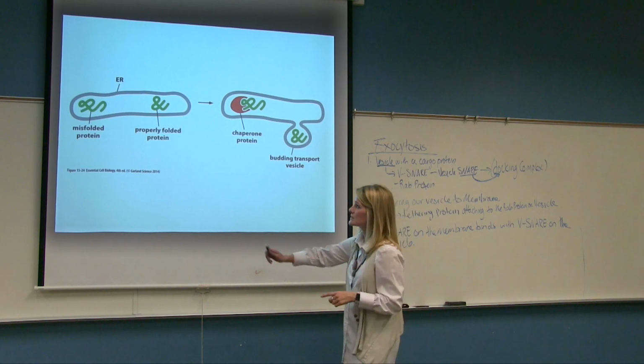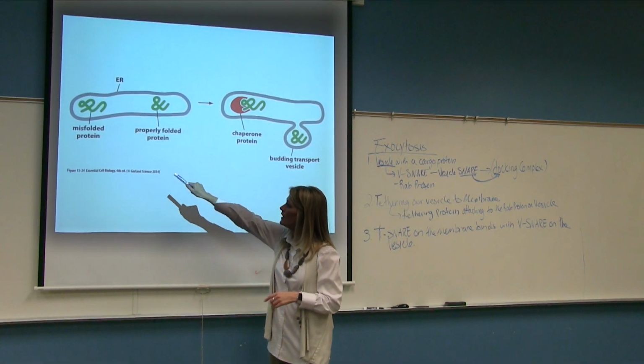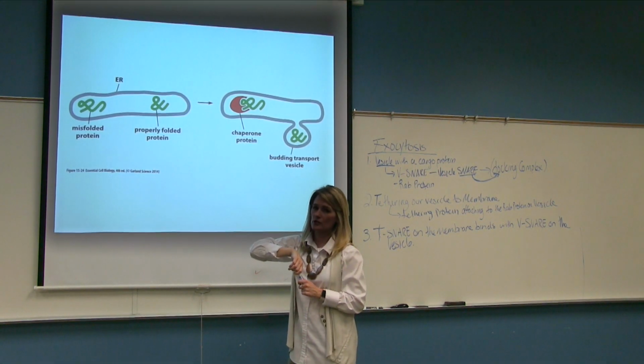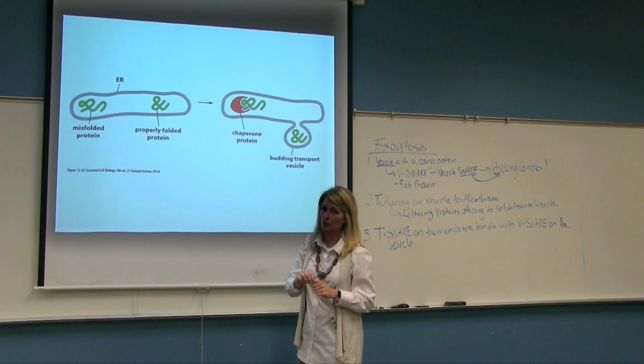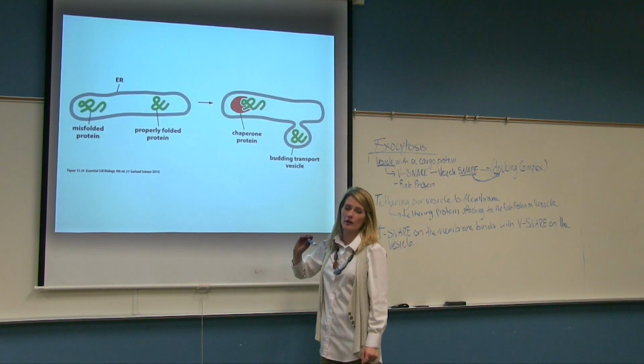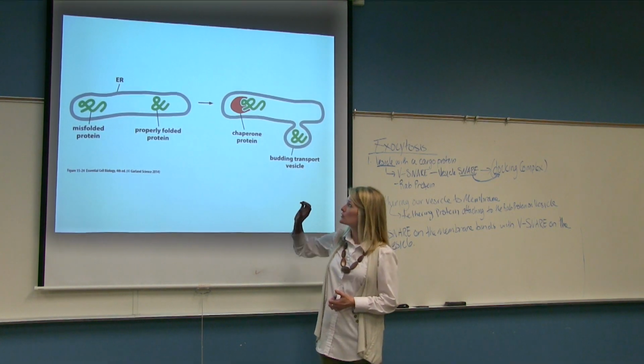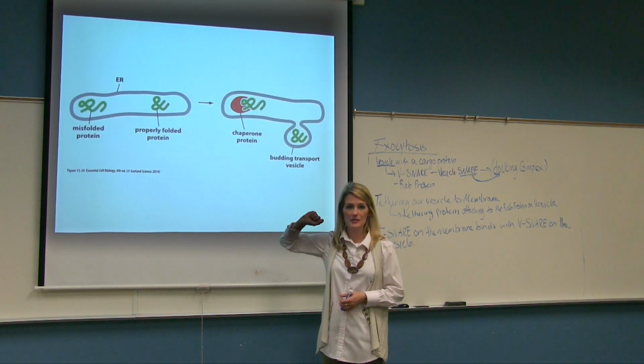So if that's the case, then in this very rough, rudimentary schematic, if we have a misfolded protein versus, say, one that is properly folded, what we have embedded in the ER is a kind of backup default mechanism: we have these things called chaperone proteins.